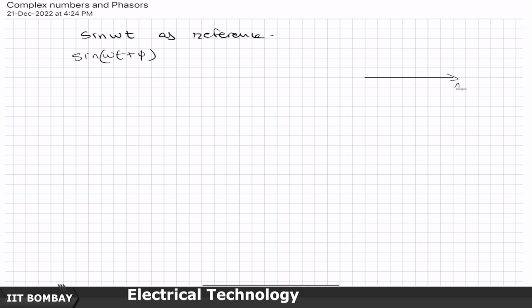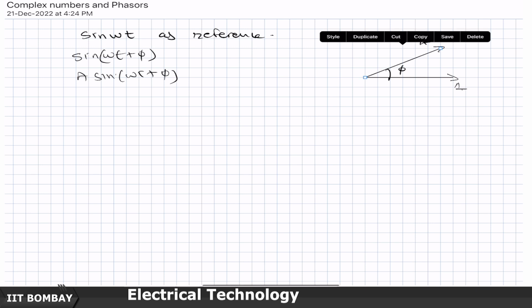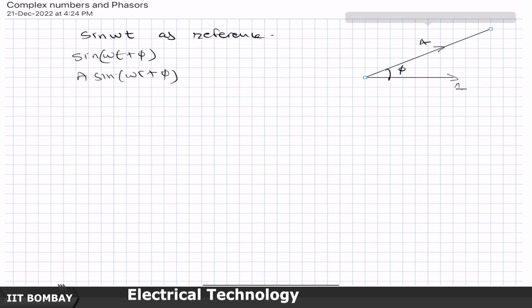Then I can show it as a unit magnitude vector at an angle phi. If I have a sine omega t plus phi, then I just have to scale it up by the length a. I am assuming a to be greater than 1, and this becomes the vector. This is the representation of a sine omega t plus phi.